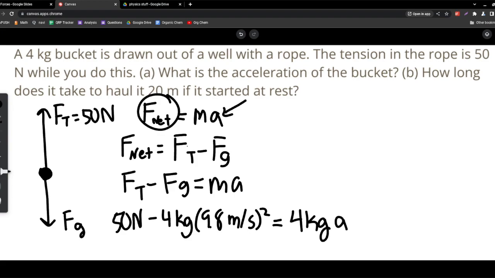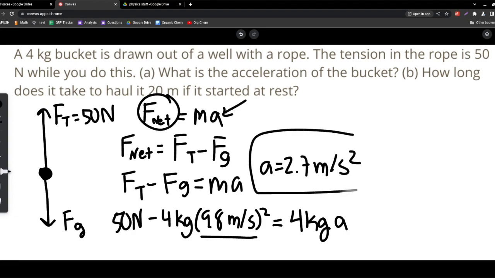And you're going to notice here that I did not put negative 9.8 meters per second squared because we've already established up here with this minus sign that the gravitational force is in the opposite direction of the tension force. And once you solve all of this out, you get that a is equal to 2.7 meters per second squared. And there you have the solution for part A.